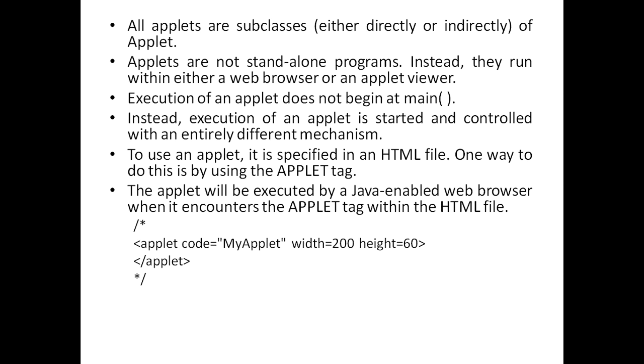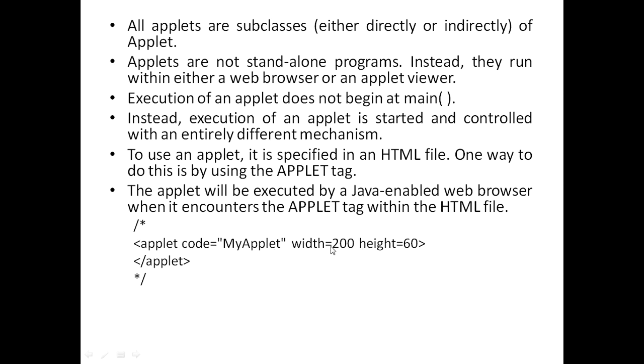To use an applet, it is specified in an HTML file. One way to do this is by using the applet tag. So whenever you want to run an applet program, there are two files you need to create. One is a Java file which consists of the methods which are available in the Applet class. Another is an HTML file in which we need to include this code, that is applet code equals, in double quotation you have to specify the class file of the applet program.